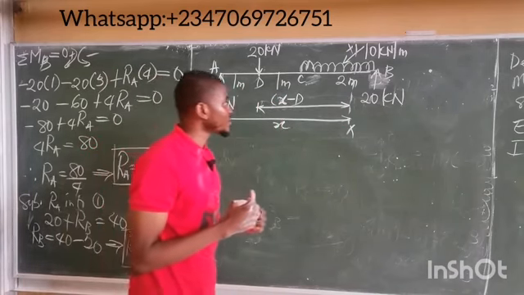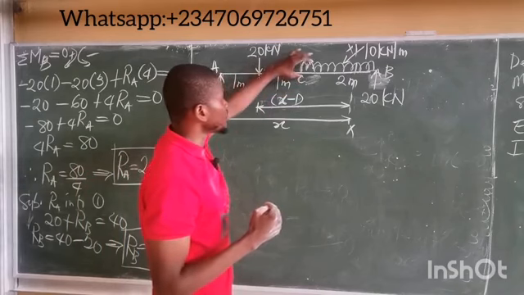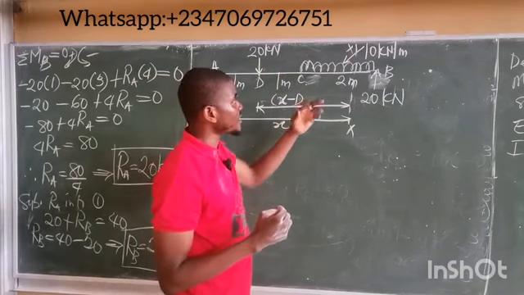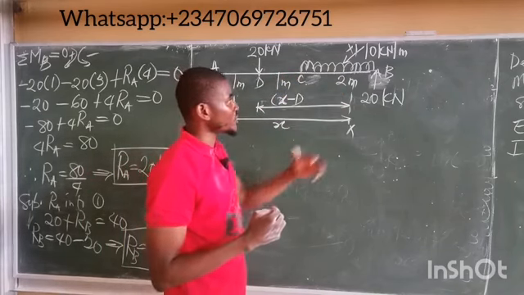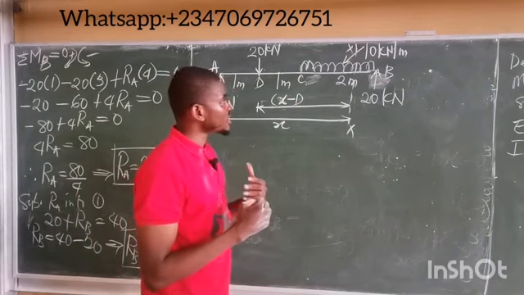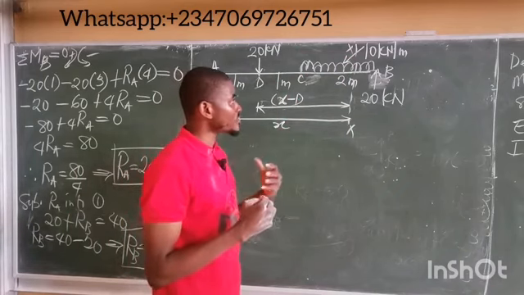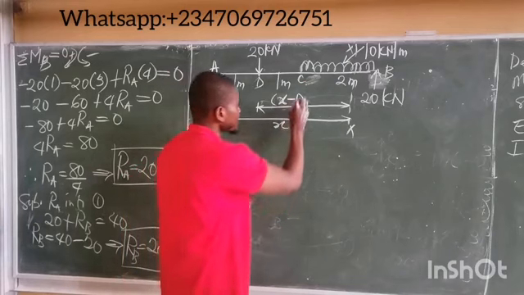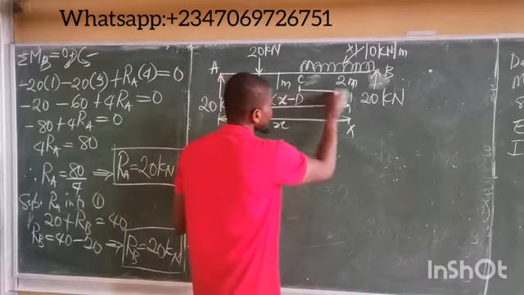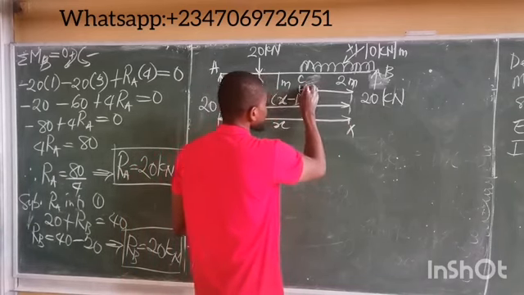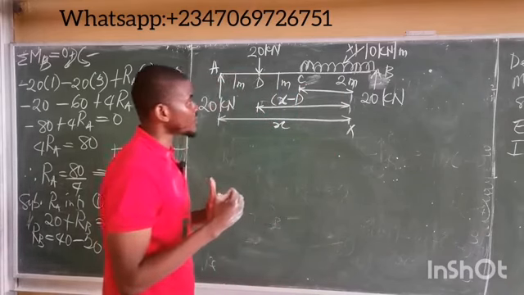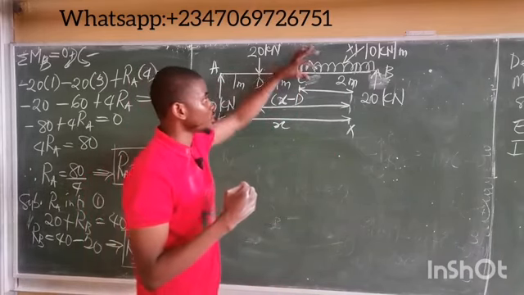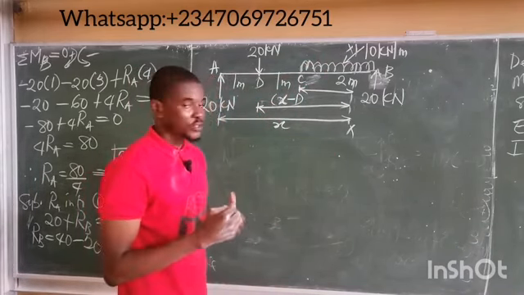Next thing to do is, what is now the distance of this UDL? Because I've taken the section now, and between point C to the point of section, there is a UDL. What is now the distance of this UDL about the point of section? That is the distance from point C to the point of section. That gives you the distance of the UDL about the point of section.